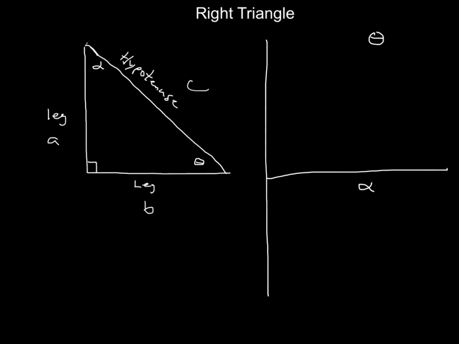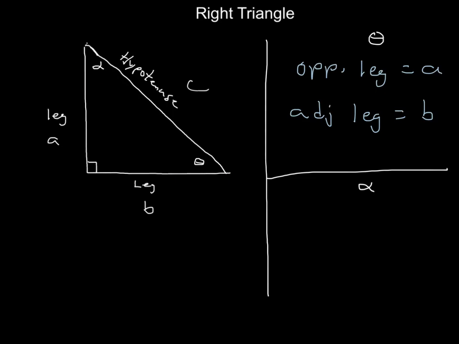So when I'm working with this one, I know for theta, the opposite leg is equal to A, and the adjacent leg is equal to B. Now for alpha, it's going to be a little bit different. Because alpha is up here, the leg on the opposite side of the triangle is going to be over here.